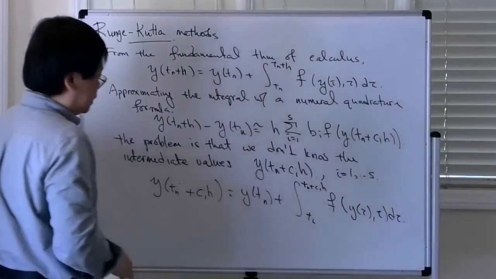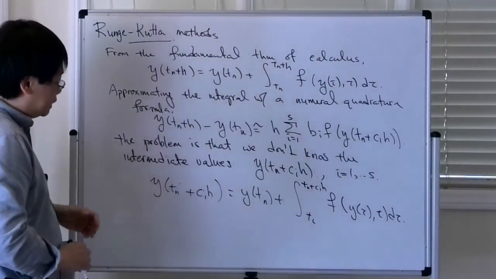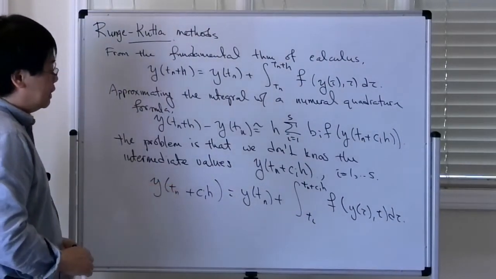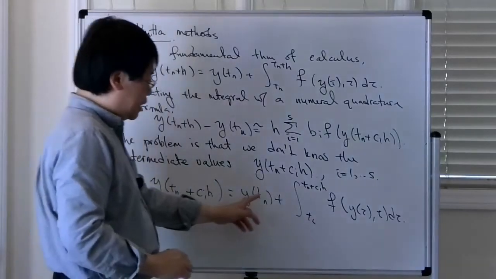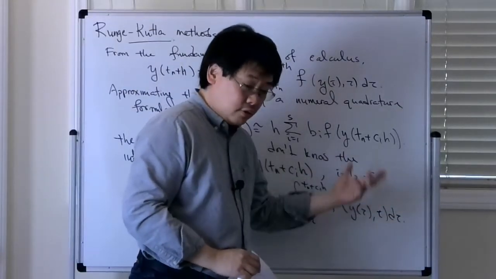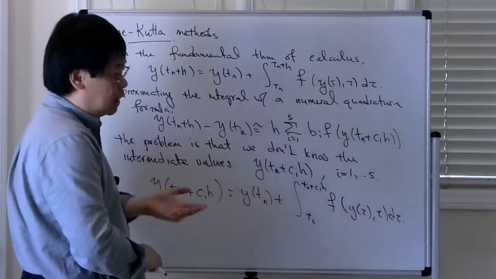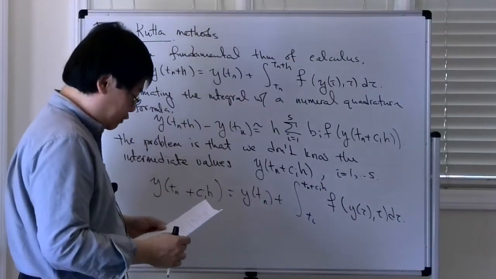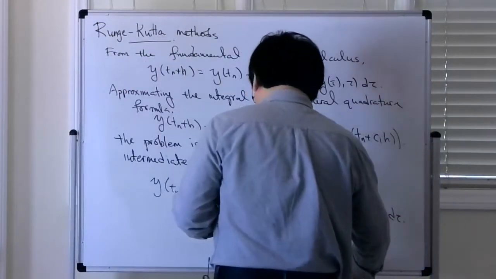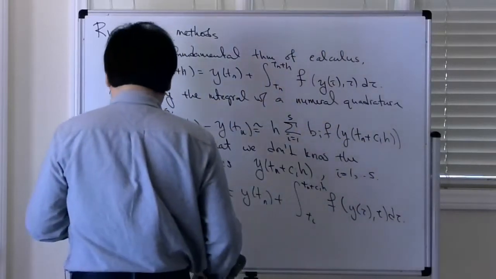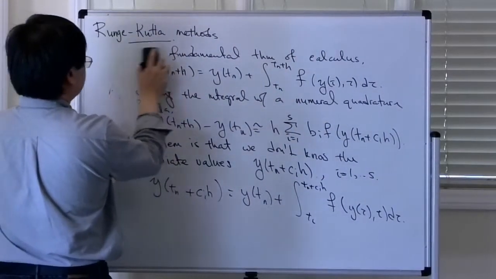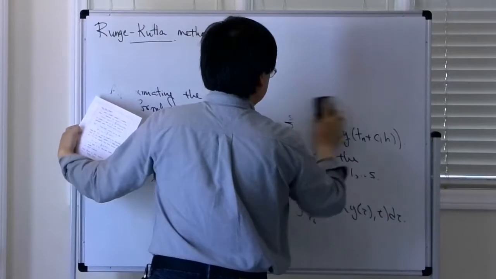What that naturally suggests is that you could again approximate this integral over a different time interval with some sort of quadrature formula. So let's see what that kind of reasoning leads to.